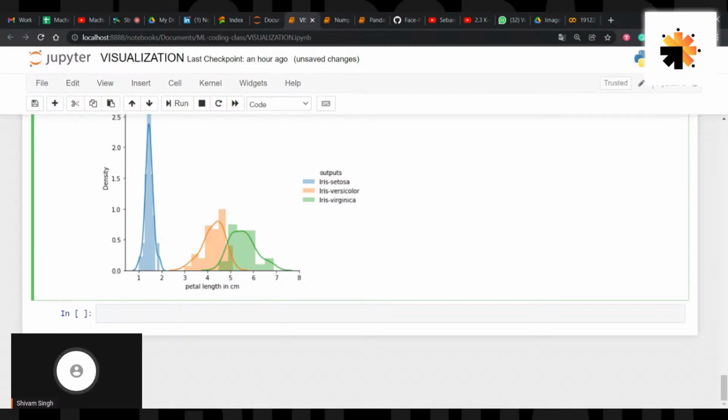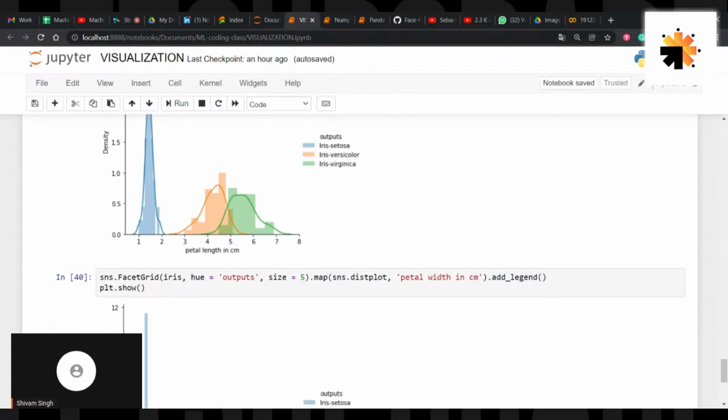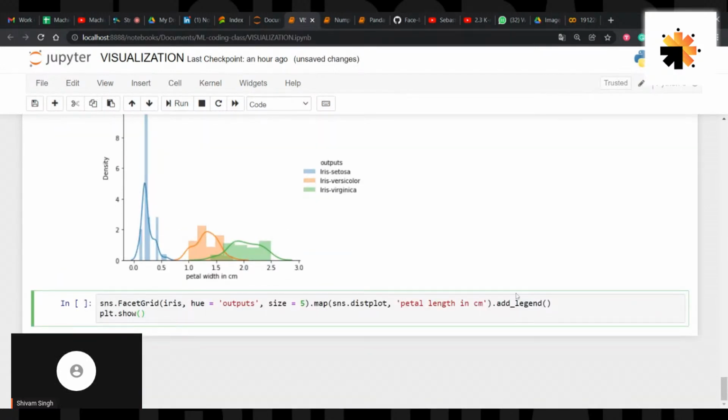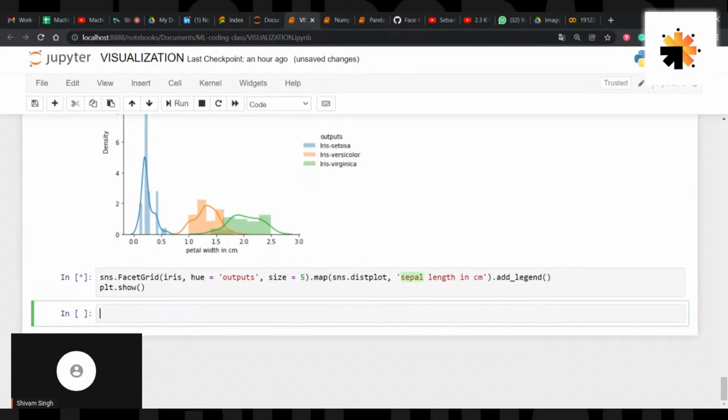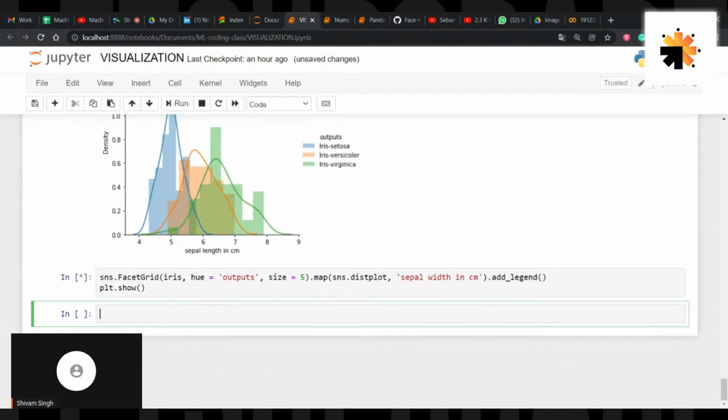So in place of petal length, I can make it petal width, then take sepal length, and then take sepal width.